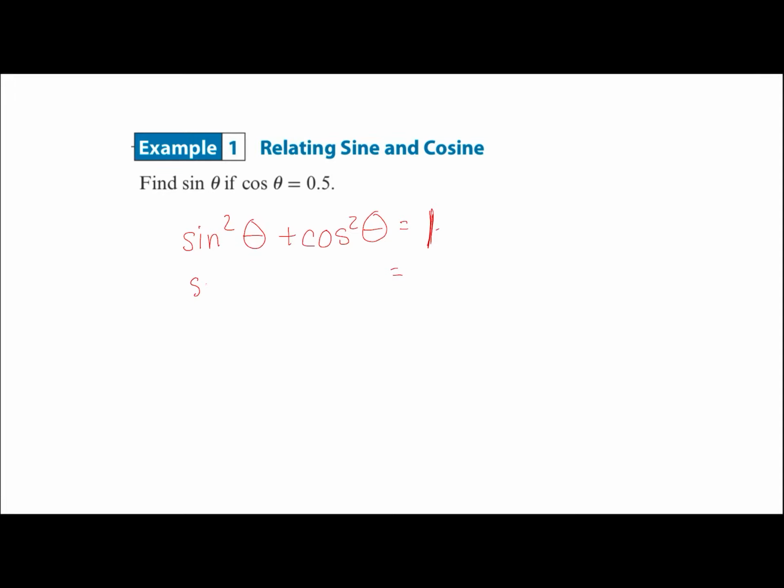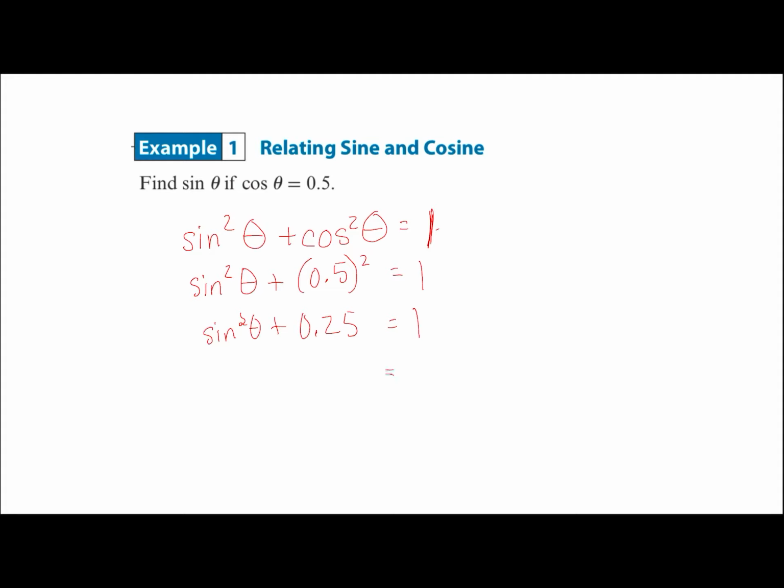We've got sine squared theta, and our cosine is given to us as 0.5, and we need to square that. If we go ahead and do our math and square this, we have 0.25. We want to get that 0.25 to the other side, so we need to subtract.